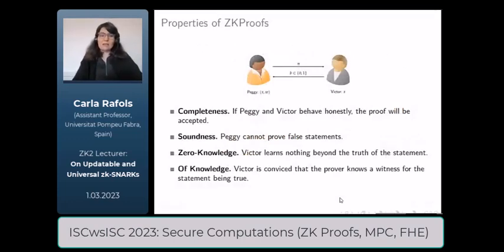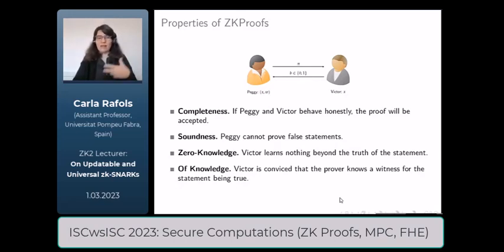You've also seen that, for sure you saw that in Jens' talk. So the main properties, I just refresh them because I will refer to them, are completeness, soundness, zero knowledge, and then there is a property that I will not really mention, that of knowledge.